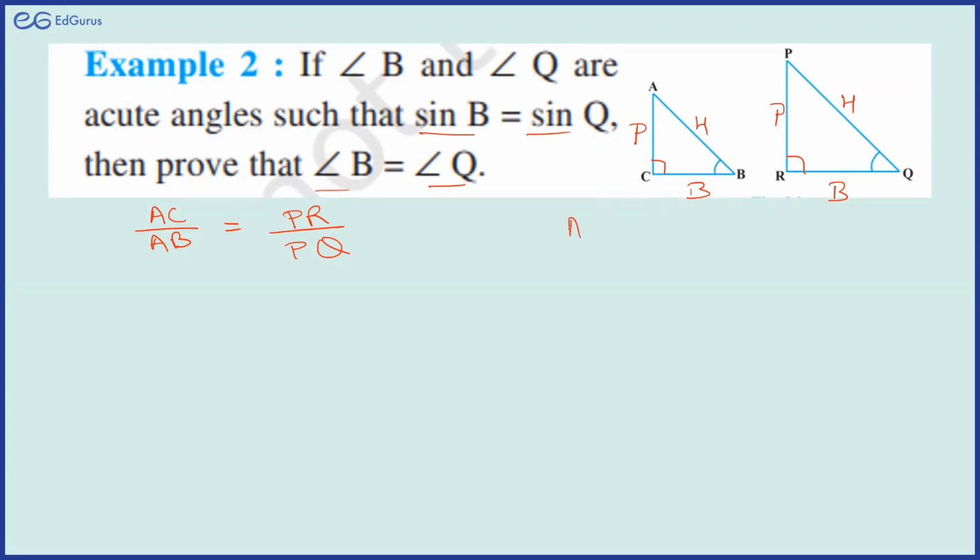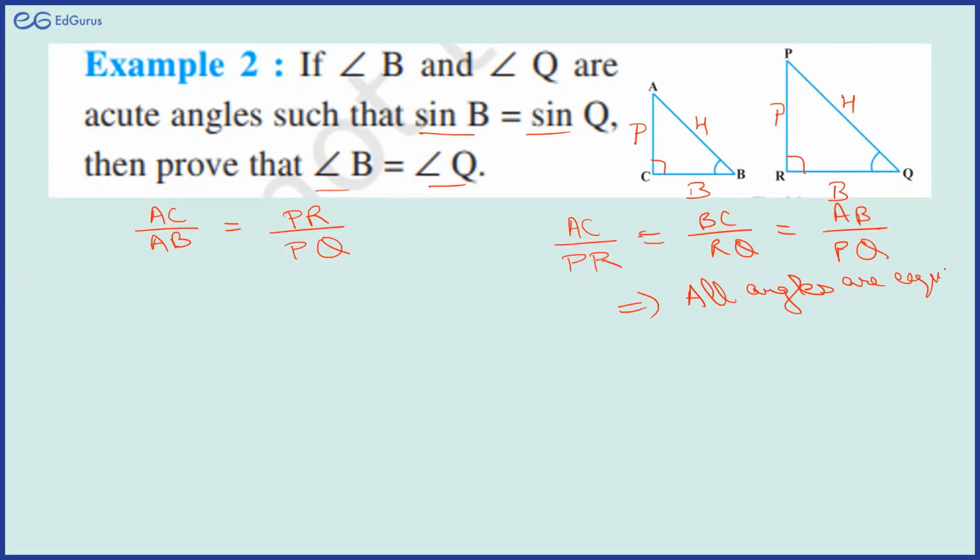So if corresponding sides have equal ratio, AC upon PR is equal to BC upon RQ is equal to AB upon PQ, then this implies all the angles are equal. So if I can somehow prove this, then I'll be able to say B and Q are equal.